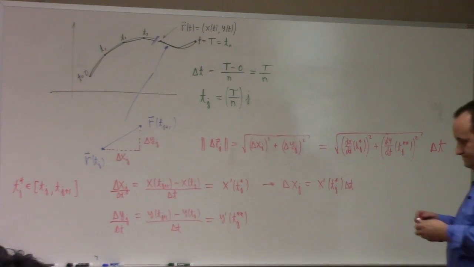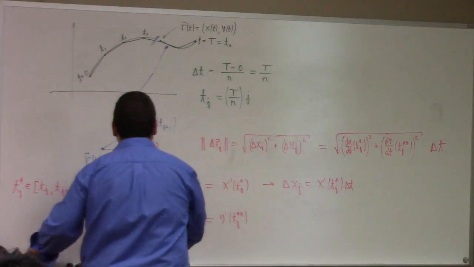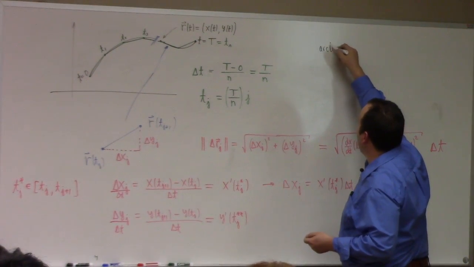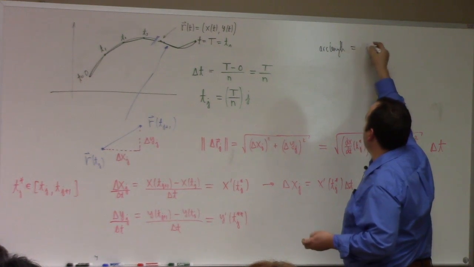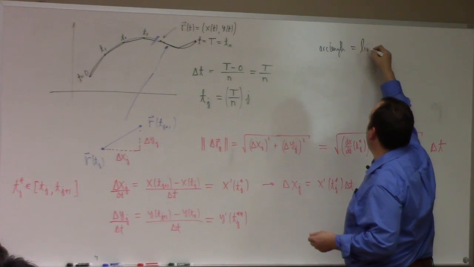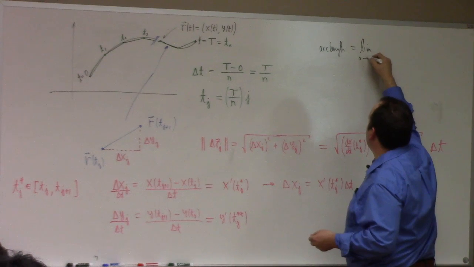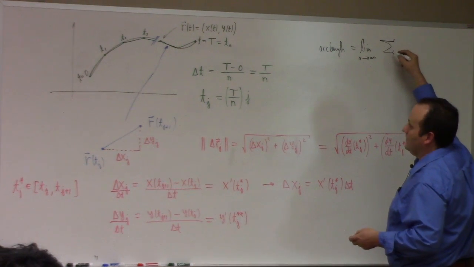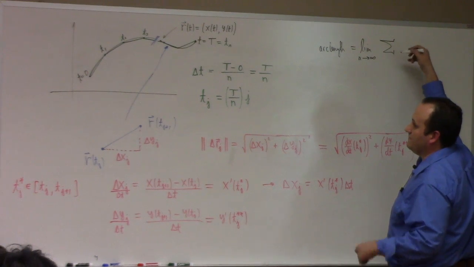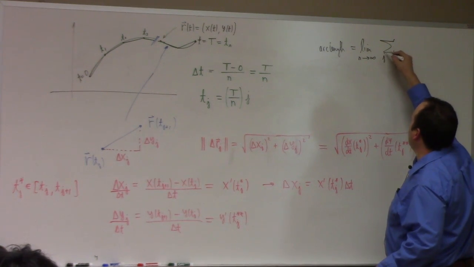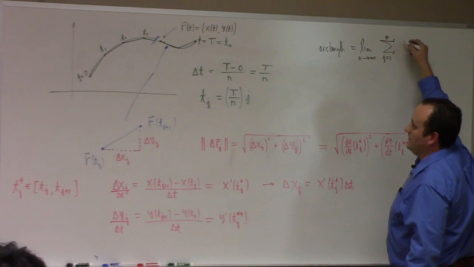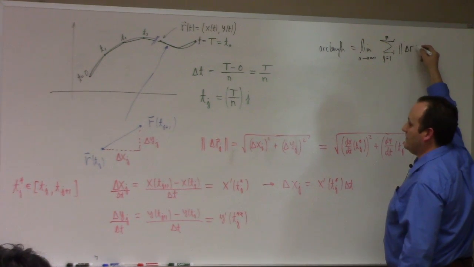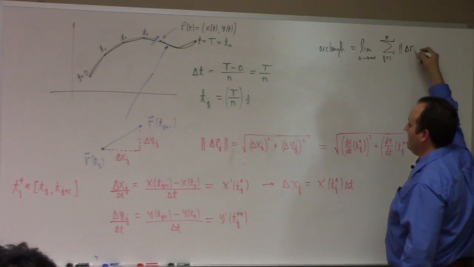So what's the arc length? I argue that the arc length is equal to the limit as n goes to infinity of the sum, j equals 1 to n, of the lengths of the little approximating line segments, the zigzag path.